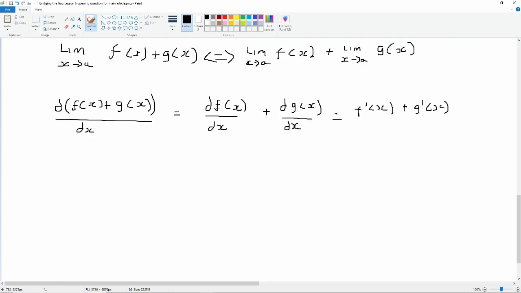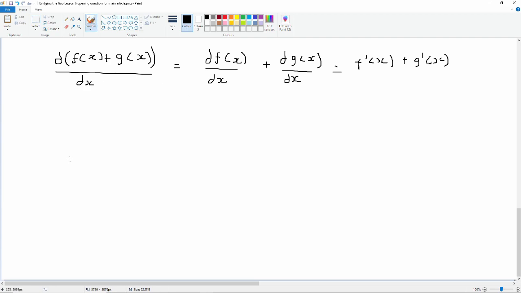Okay, what does all that mean in practice? Well, in practice it means if you have some polynomial in the form of ax to the power n plus bx to the power m plus cx to the power l whatever plus dx to the power q, or anything like that, in order to find the derivative of all of that, you can just find the derivative of each term individually and add them up.